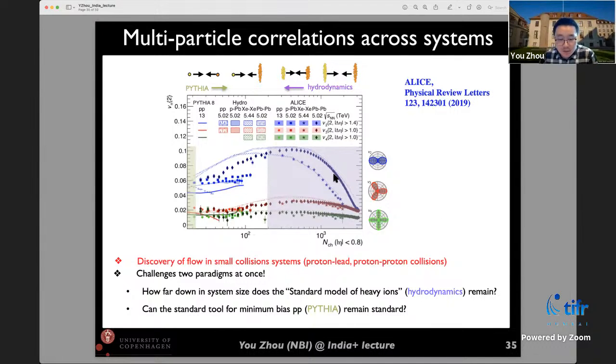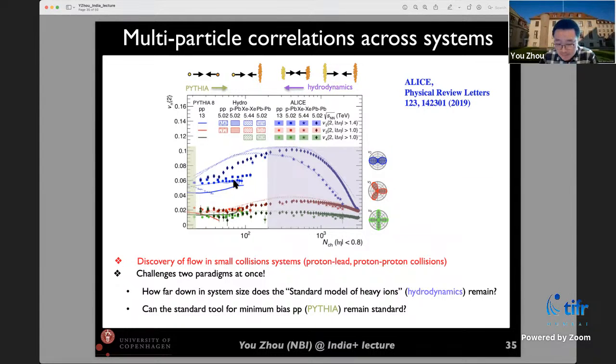So here what we have is v2, v3, v4, as a function of Nch, the charged multiplicity. And let's focus on the low multiplicity region, where Nch is below 200. We can see the v2 in lead-lead is a bit higher than p-lead, and a bit higher than pp.